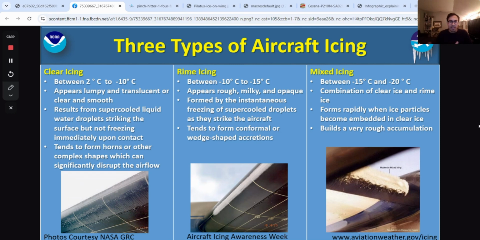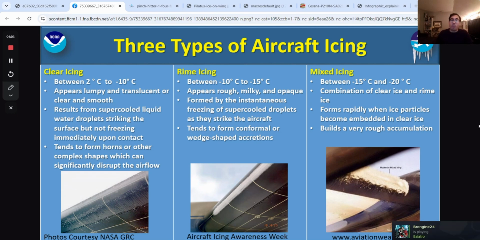It looks like that. What gives it that clear look is that it's actually air that's being trapped inside the droplet as it's freezing. When it does form and accumulate, it tends to form a little bit more complex shapes on the plane, and it disrupts airflow.